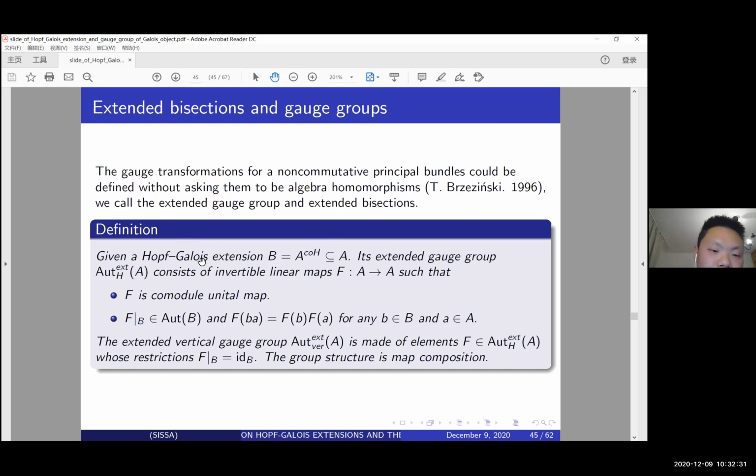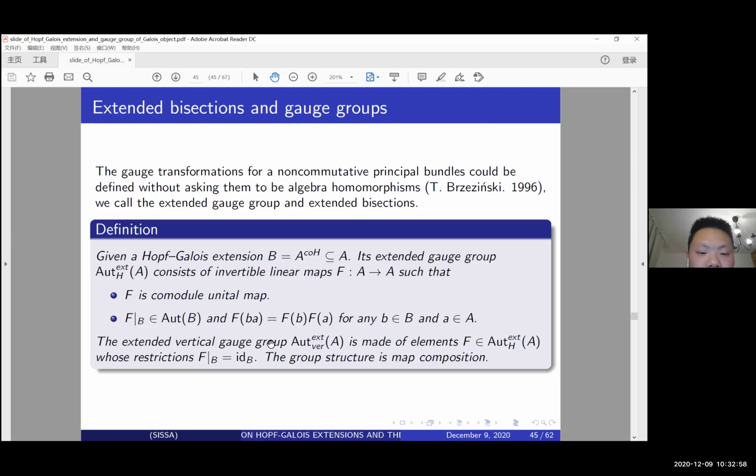And in the new definition, for a Hopf-Galois extension, the extended gauge group consists of the linear maps F from A to A, such that F is a comodule unital map. Moreover, F restricted to B belongs to automorphisms, and F is also in some sense left B linear. And we can see here, we forgot about F being an algebra map.